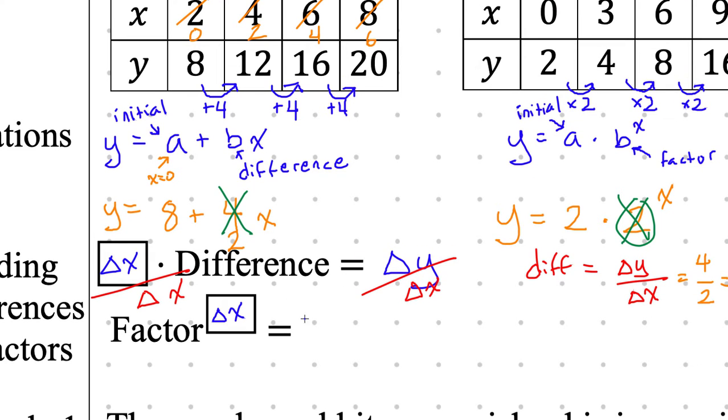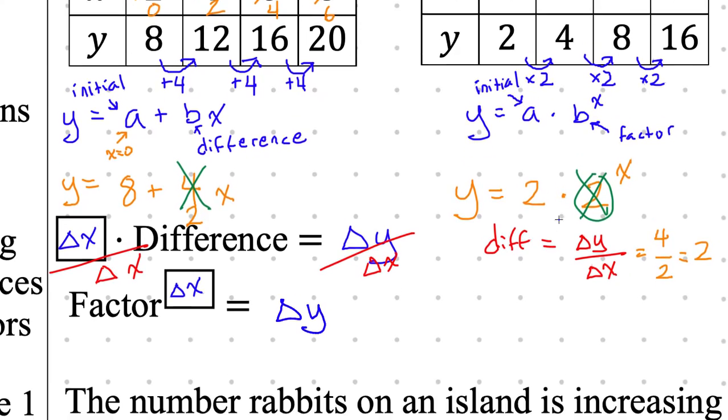So that is going to be equal to your delta y as well. So in order to solve for your true factor, let's write it over here to the side. It's really hard to see, but factor is going to be equal to your change in y to the power of the reciprocal of delta x.